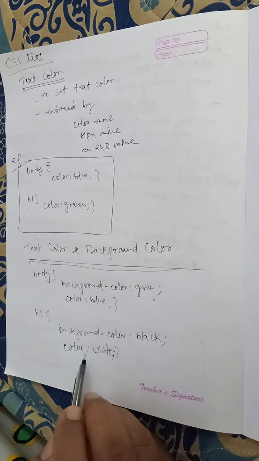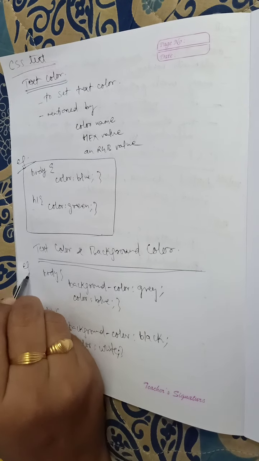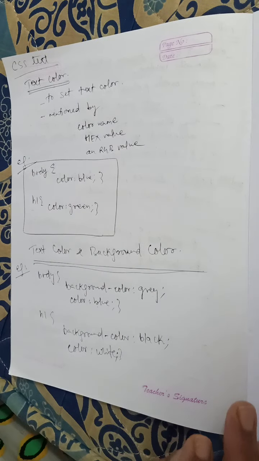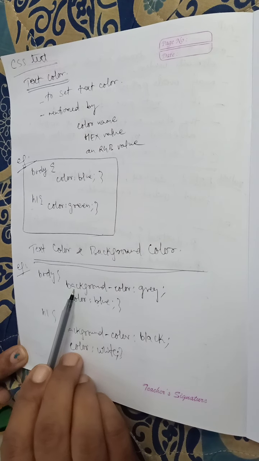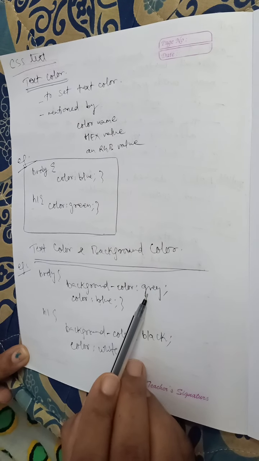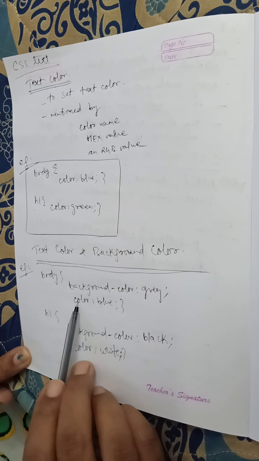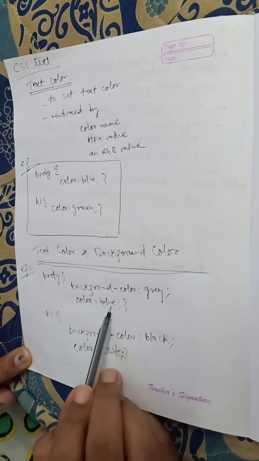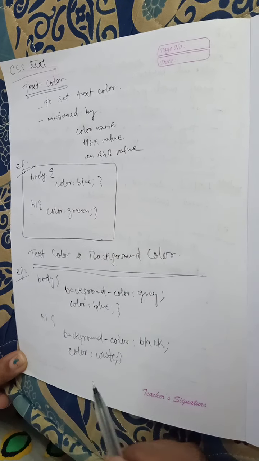So in this case, what will happen? For the total body, the background color will be gray, and whatever text is written in the body, by default it will be blue unless it is specified anywhere else.